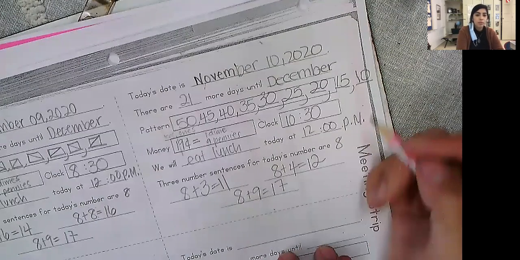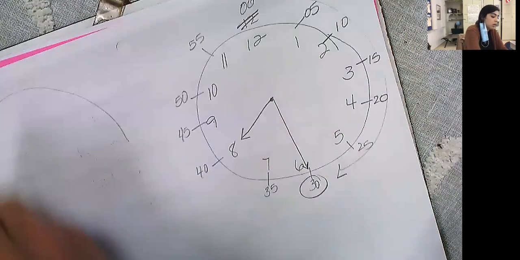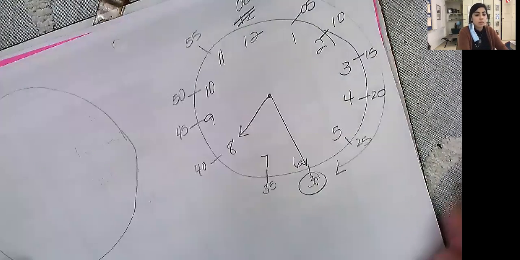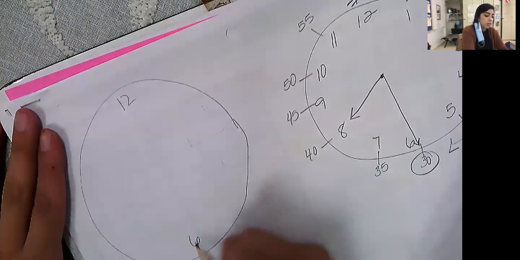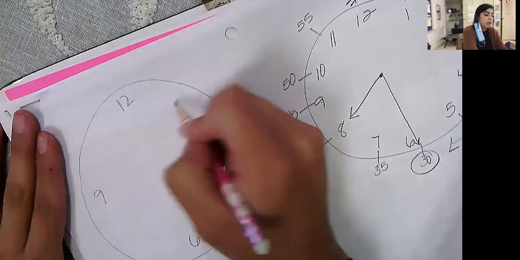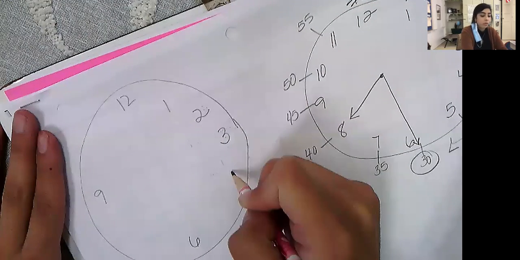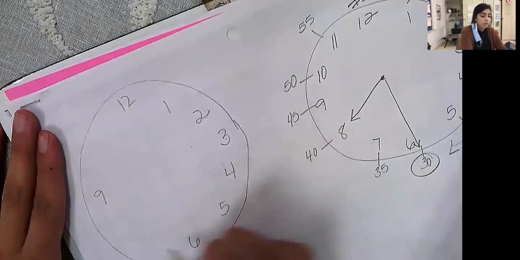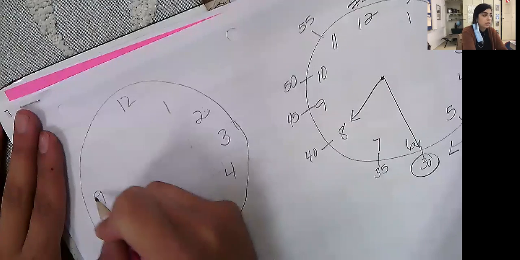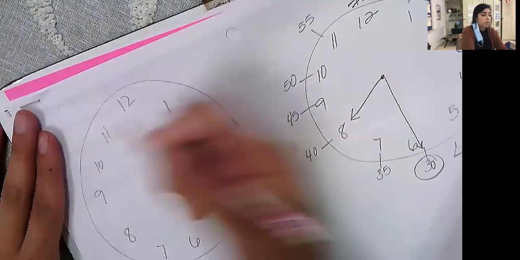Okay, I'm gonna flip it over. Let's fill out our clock. 12, 6, 3, 9, 1, 2, 4, 5, 6, 7, 8, 9, 10, 11, 12.